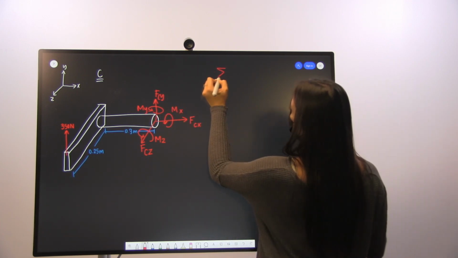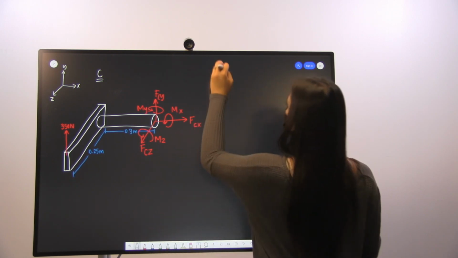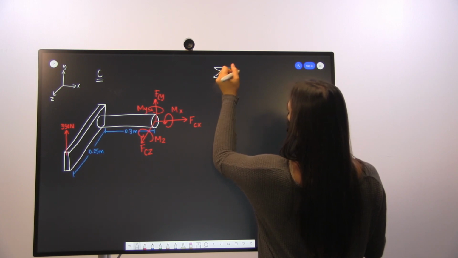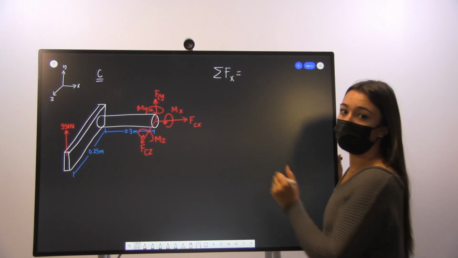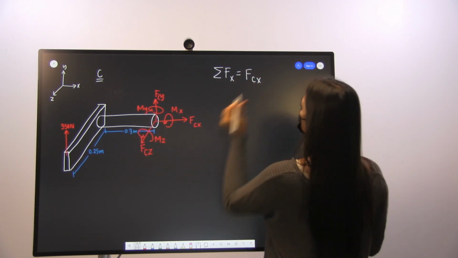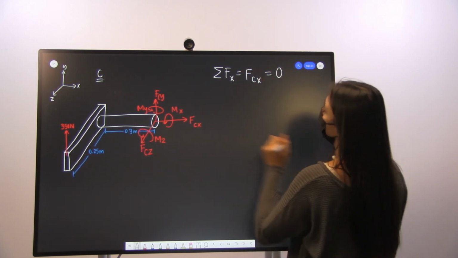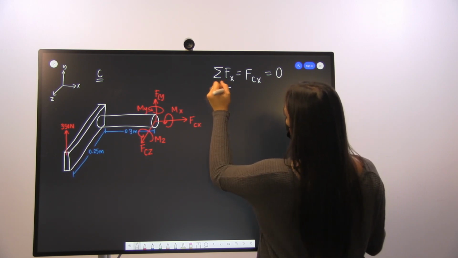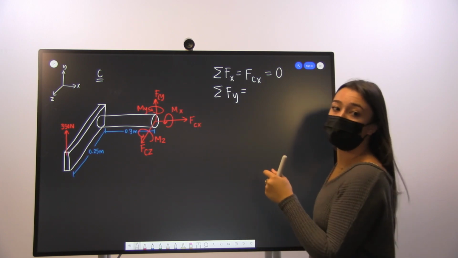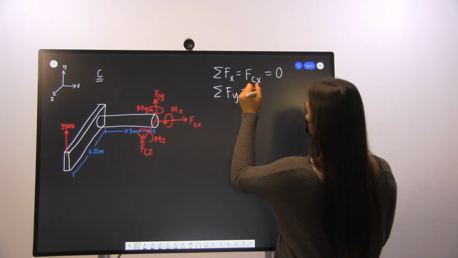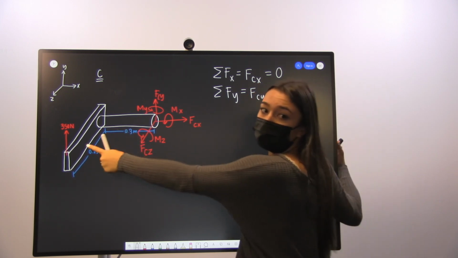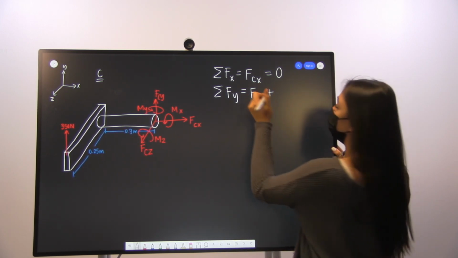So summing in the x direction, we have our Fc of x, and since we don't have any others, that's just going to be equal to 0. Same process in the y direction. We have our Fc of y and our 350 Newton force.